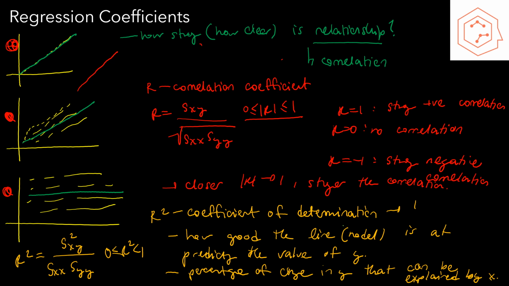So if I get an r squared value of 1, that means 100% of the change in y can be explained by change in x. If I get an r squared value of 0.7, then only 70% of the change in y can be explained by the change of x, and the other 30% can be random or due to other factors. And so the closer the value is to 1, the stronger the relationship between x and y is.